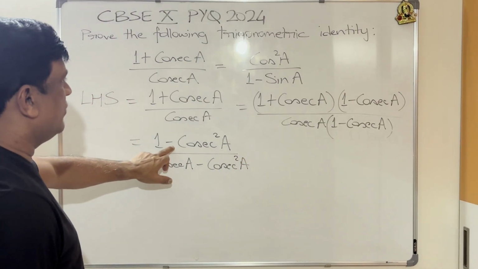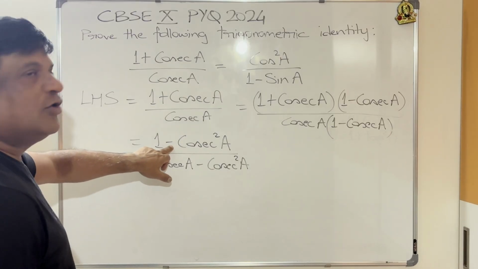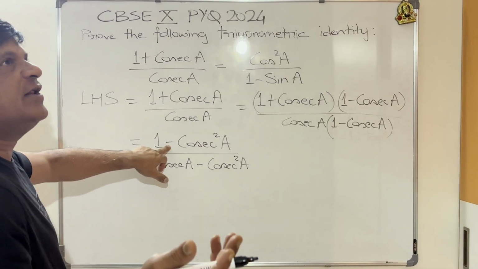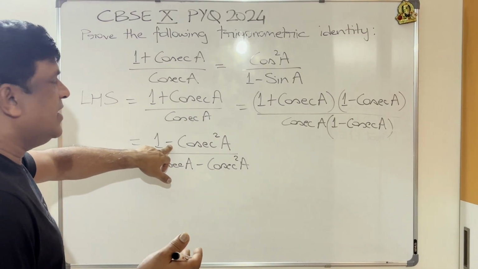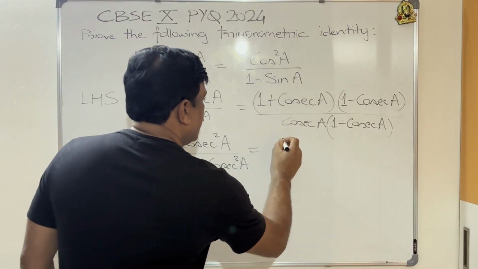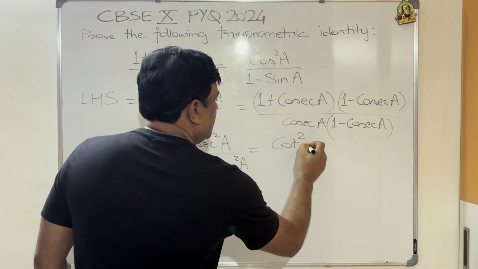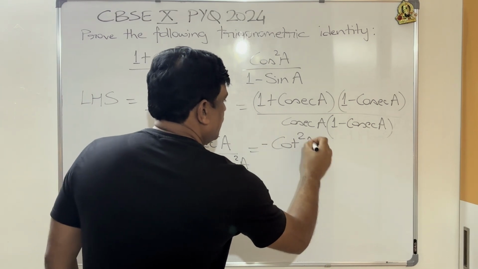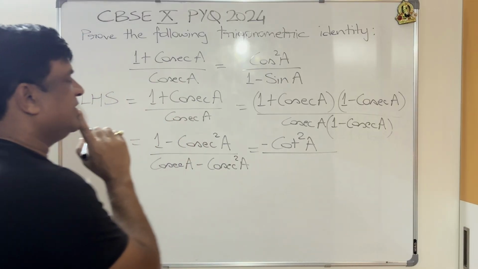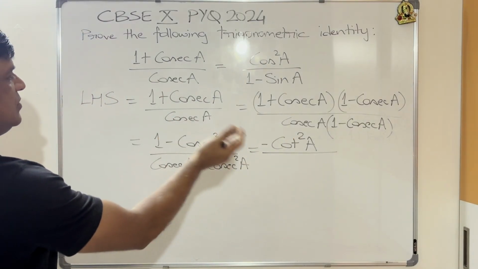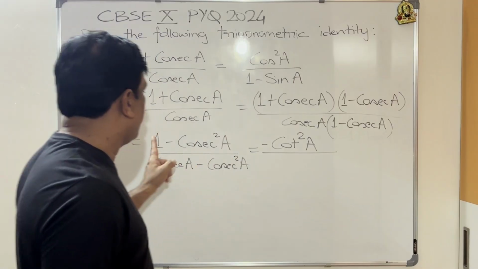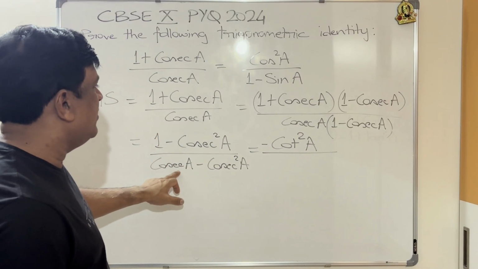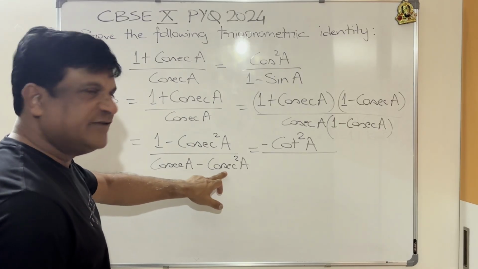What is this one on the top? 1 minus cosec square A should be equal to minus cot square A, since cosec square minus cot square A is 1. So this will become minus cot square A, and then you have cosec A minus cosec square A.